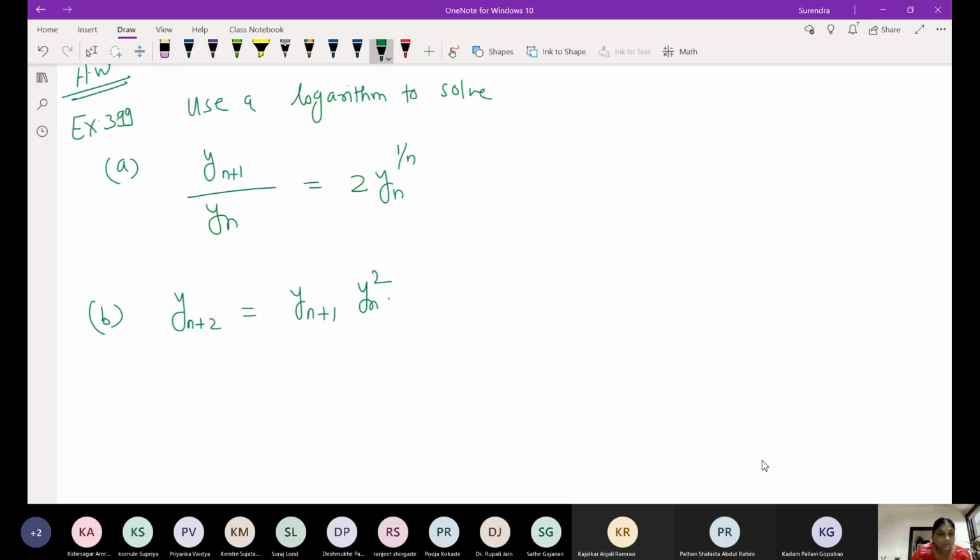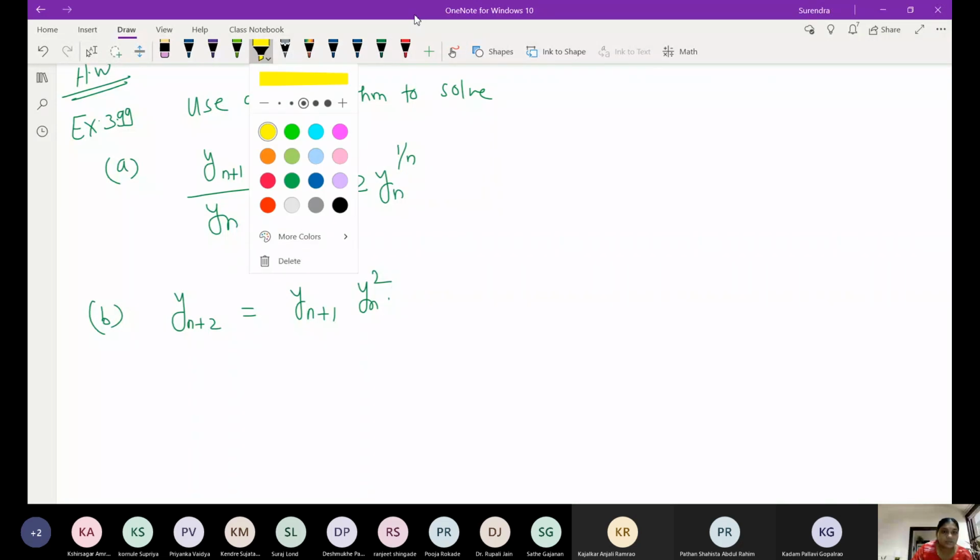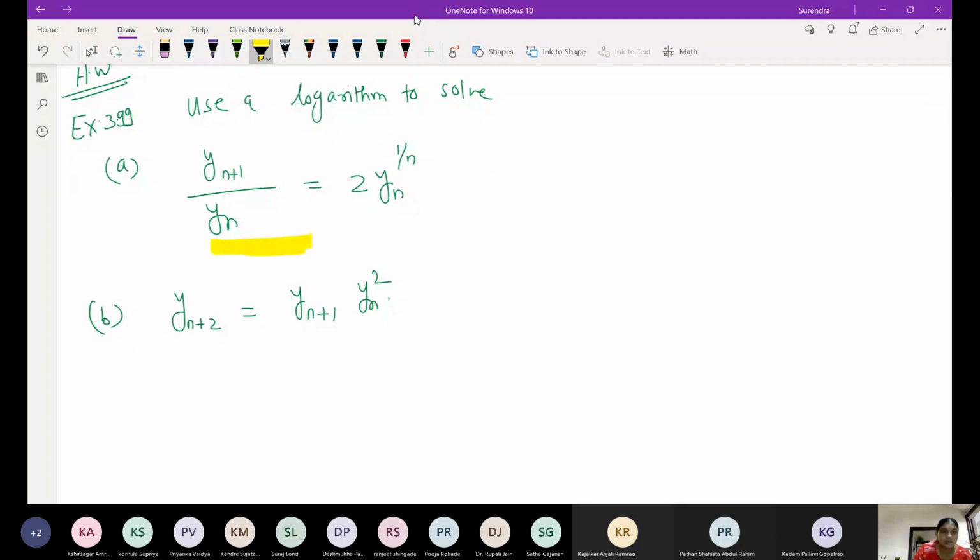So you have to use the substitution z of t is equal to log of y at n. So you will get first order only here, right? I think this might be converted into only first order. The first equation will be converted only into first order, and the second will be converted into second order. Can you do this?